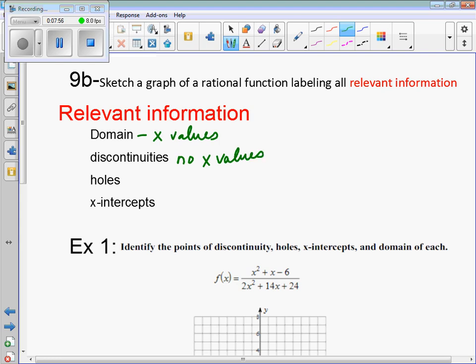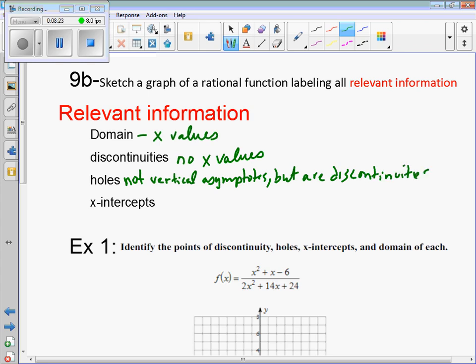Poles are not horizontal or vertical asymptotes, but are discontinuities. X-intercepts, we know about those. Those are just where the graph crosses the x-axis. So, moving on.